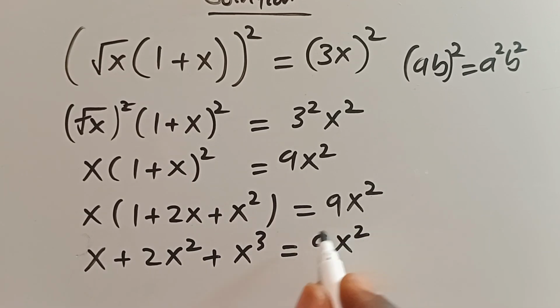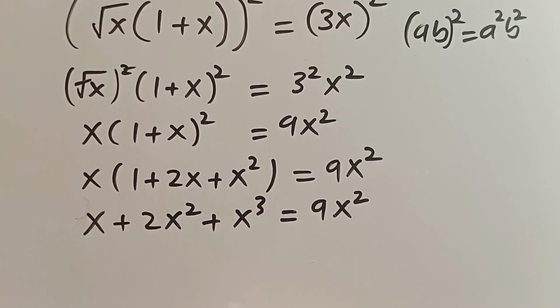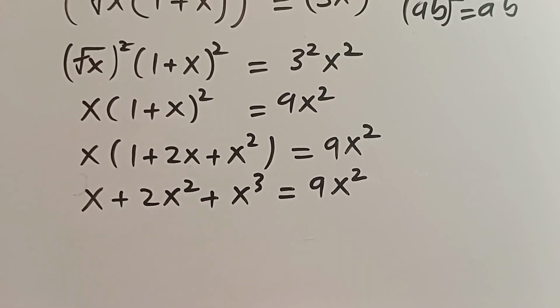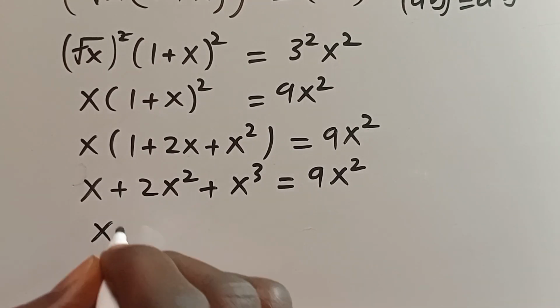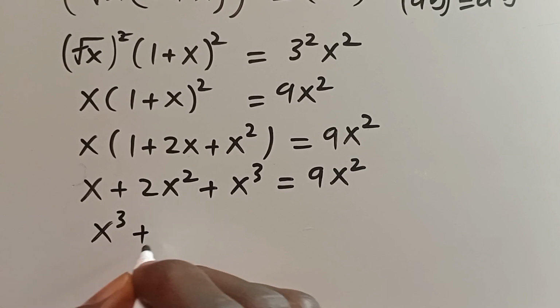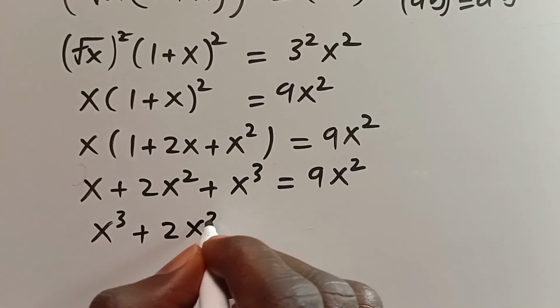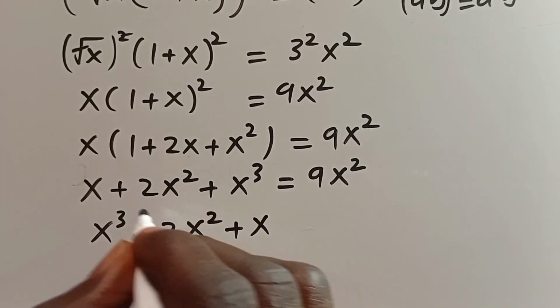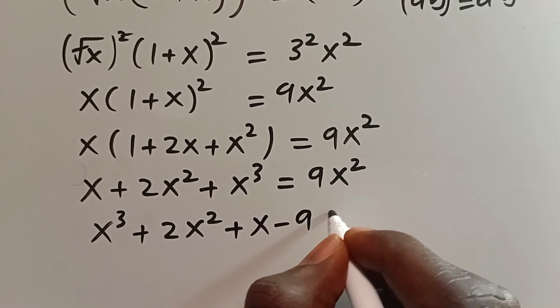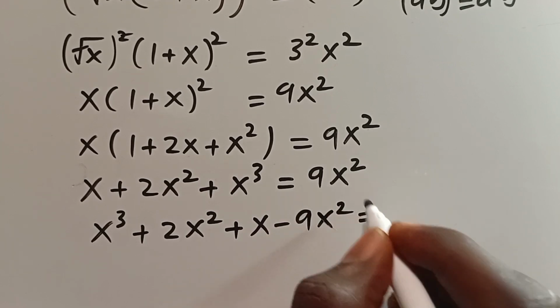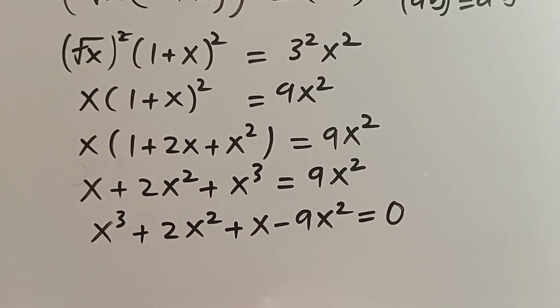Then let's take this 9x squared to this side. This implies that we are going to have x to the power of 3 plus 2x squared plus x minus 9x squared. Then we set everything equal to 0.